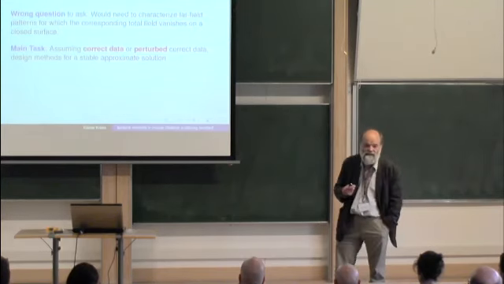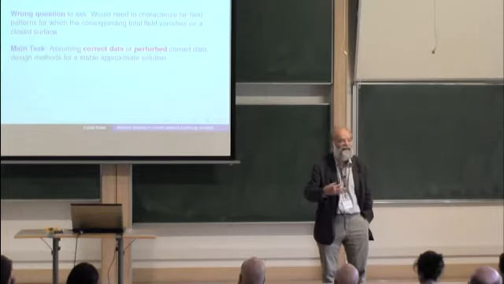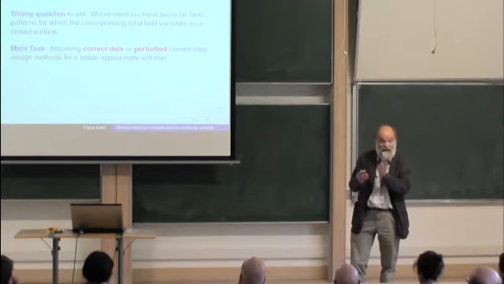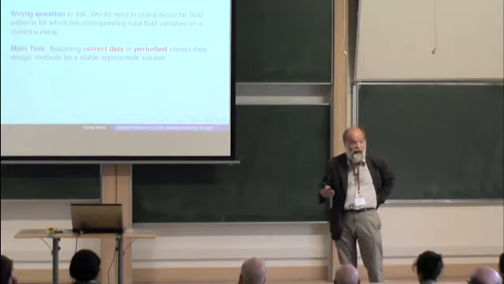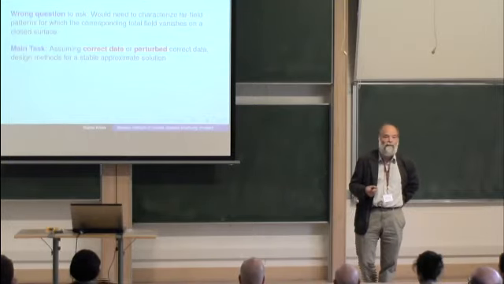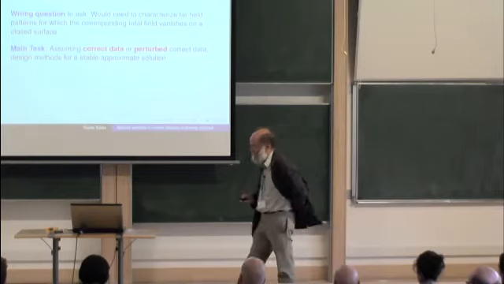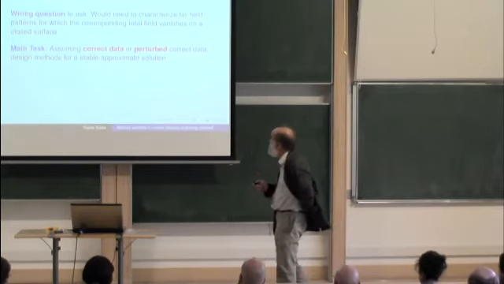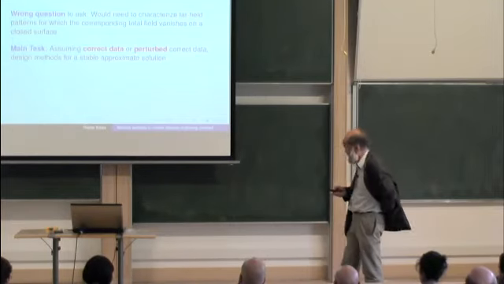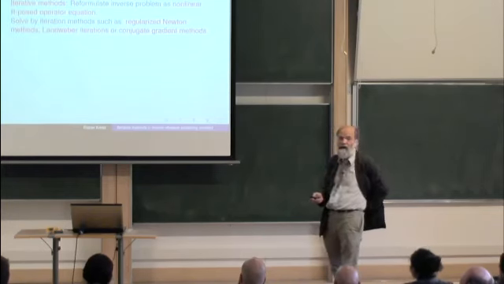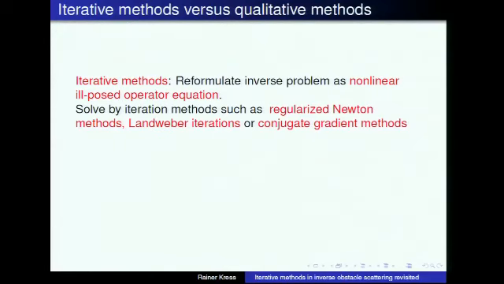The main task is we assume that we have data that are correct or perturbations of this, and what we want to do is design approximation methods that are stable. And there are basically two classes of methods available.